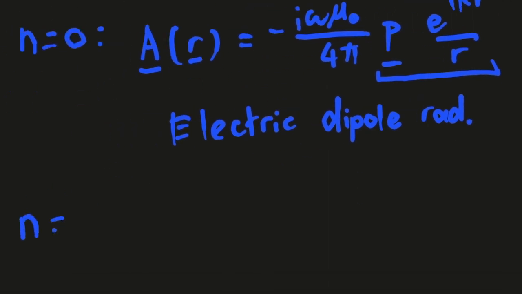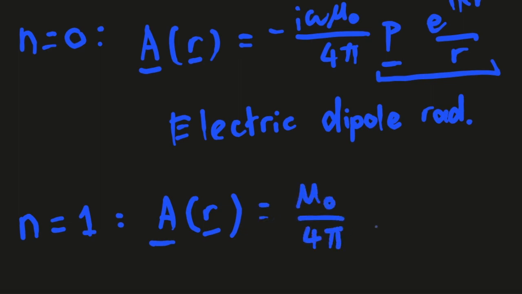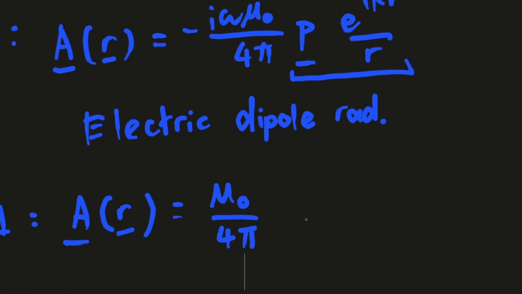Or if n is 1, this is more complicated. And as you might expect, this corresponds to the higher order expansion in your field. So the first term is an electric dipole.